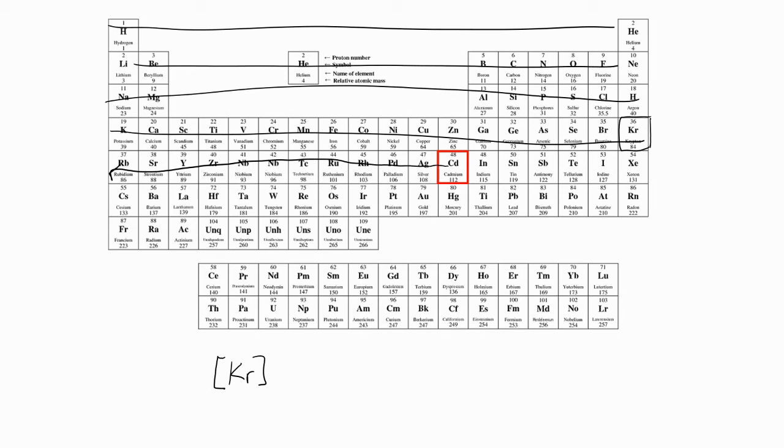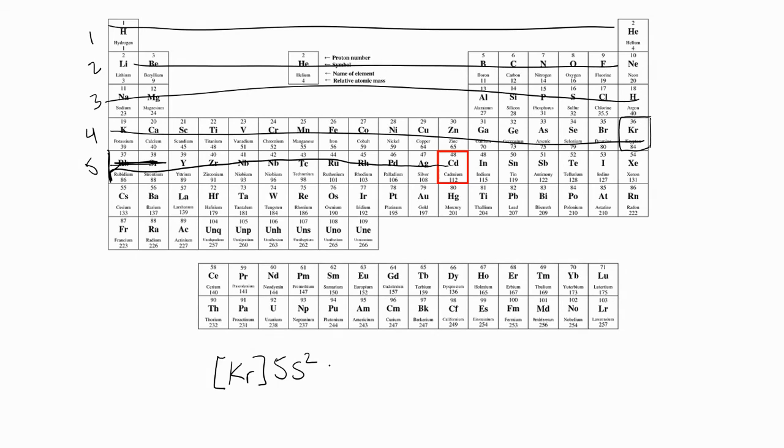So we're just going to go down to this next period, and again, we're still on the 5th one. 1, 2, 3, 4, 5. So we've got 5s2, because that's these guys. And then we're in the d orbital, or the d block. Remember, for the d orbitals, we have to take a number off, subtract 1.